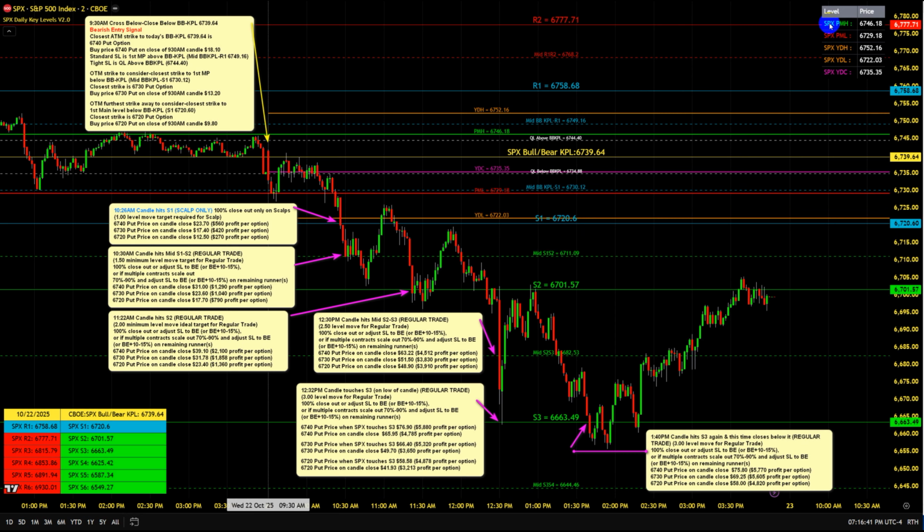The other levels that you see up on this table here, the first one is the SPX PMH, which is the SPX pre-market high, SPX PML, which is the SPX pre-market low, the SPX YDH, which is yesterday's RTH session high, the YDL, which is yesterday's RTH session low, and YDC, which is yesterday's daily close, the previous day's RTH session close.